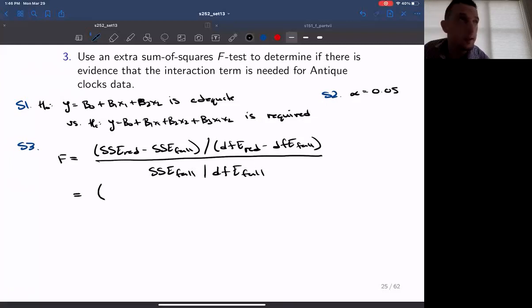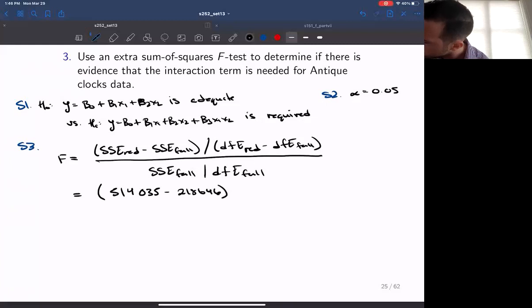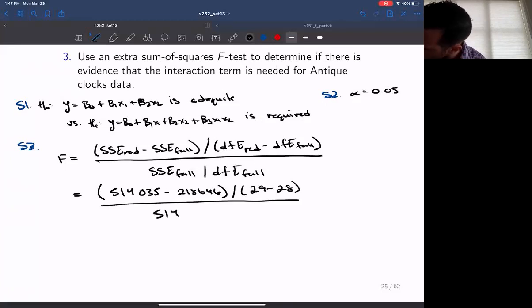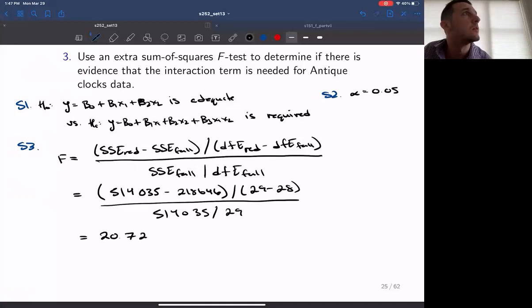Okay, so this is going to be from the ANOVA tables on the previous slide: 514,035 minus 218,646 divided by 29 minus 28, divided by 514,035 over 29. And that's equal to 20.726.